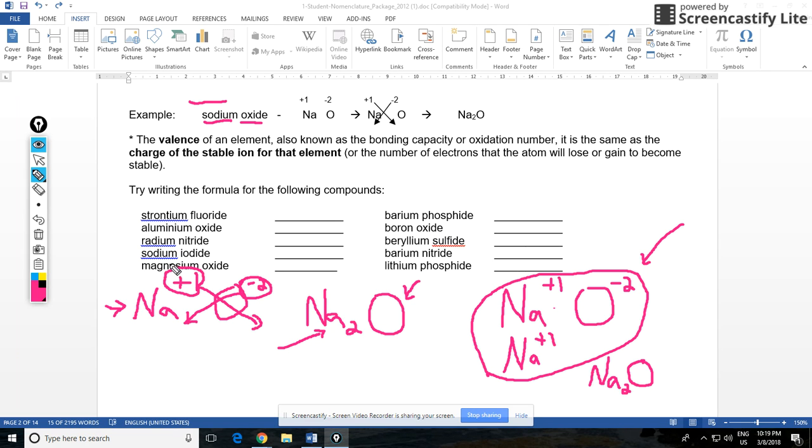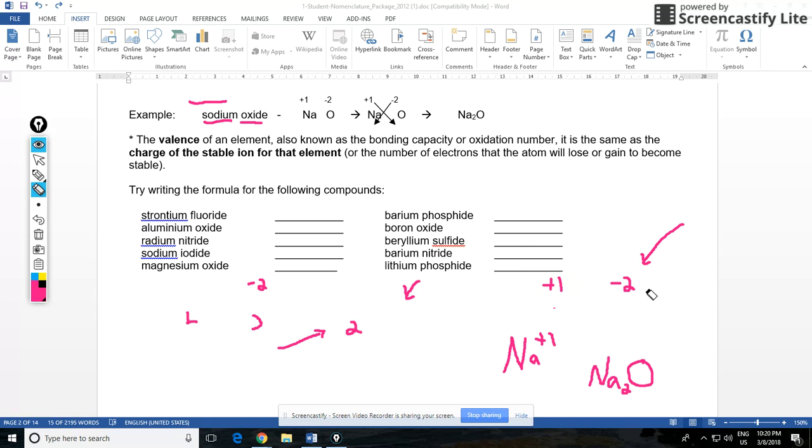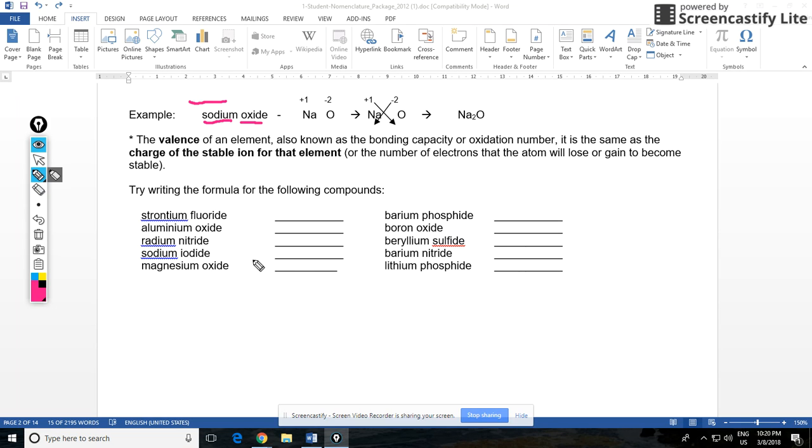We'll do one more example. We'll do the example of magnesium oxide. So write down the charges of the elements, or the ions rather.